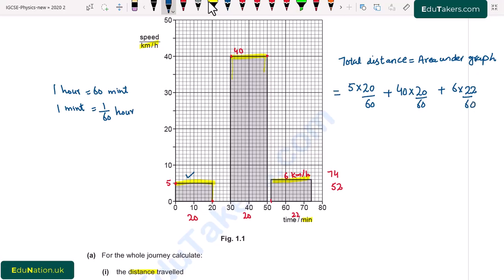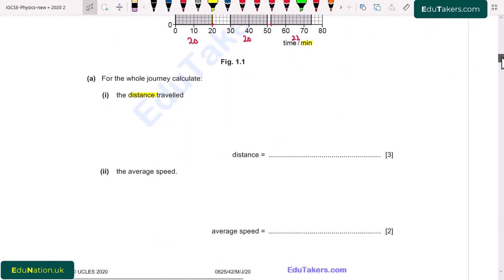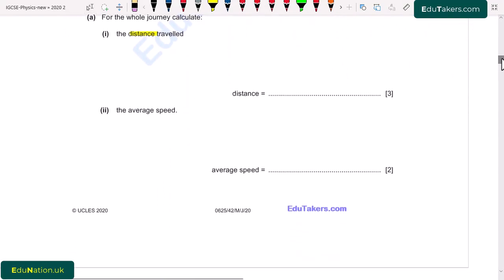It is the total distance. So after solving I get it comes to be 17 kilometer. I represent it with D, so the distance comes to be 17 kilometer. So I write here 17.